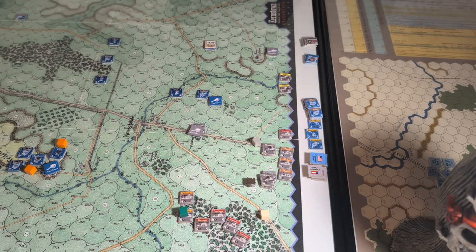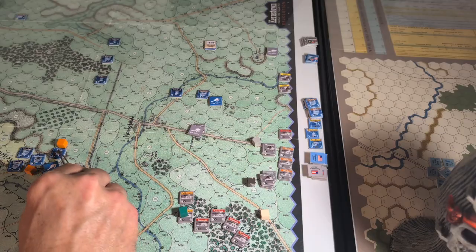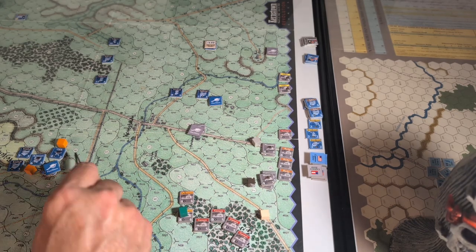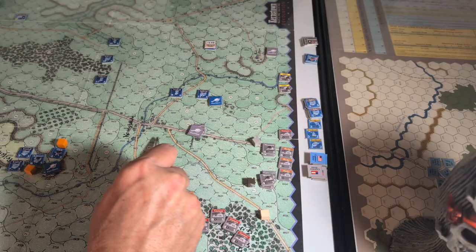Next, we've got Clark here. Now Clark could fire here at that artillery. However, we could cause some, do something. 1, 2, 3, 4, 5, 6, 7, 8, 9.